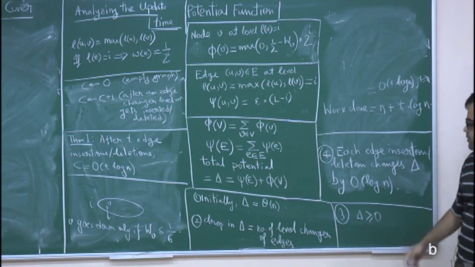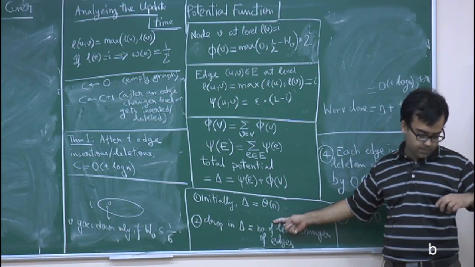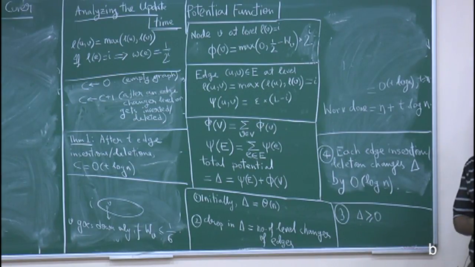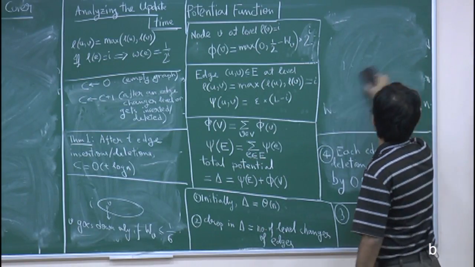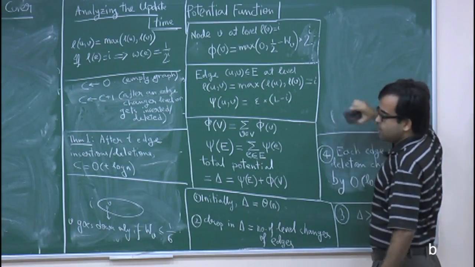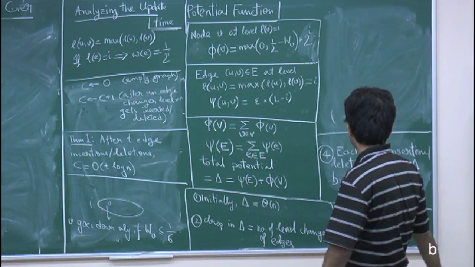Okay. So, now are you convinced that if we just prove point 2, then we will have log n update time for our data structure. Let us just prove part 2 and it will take 10 more minutes. Okay. So, part 2, proof of 2.